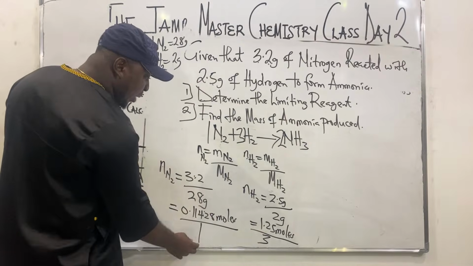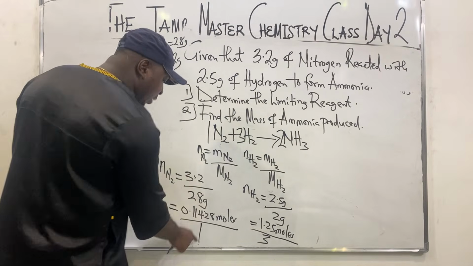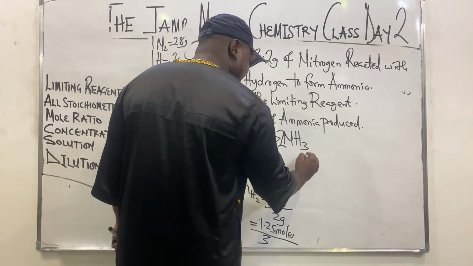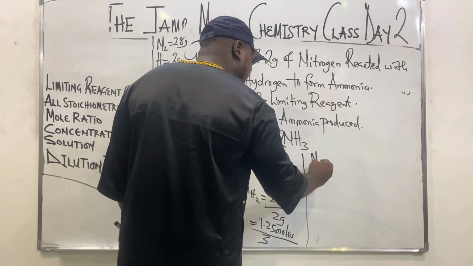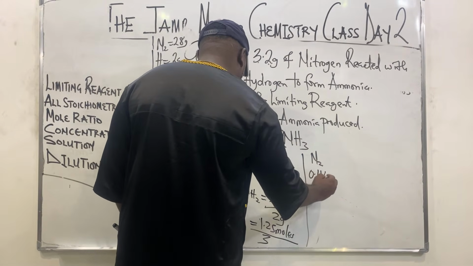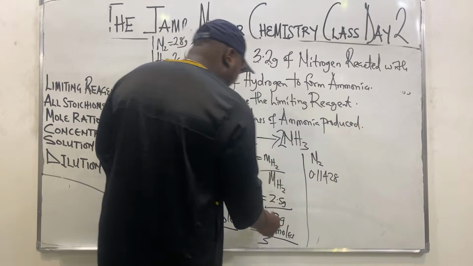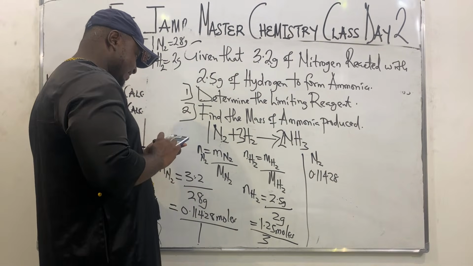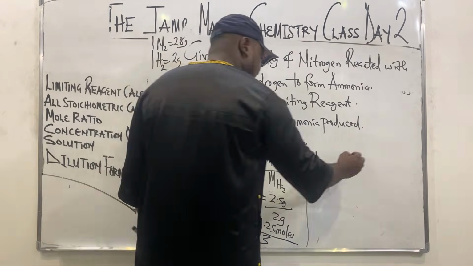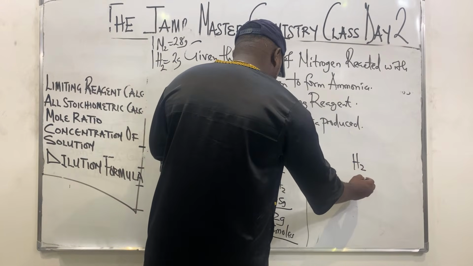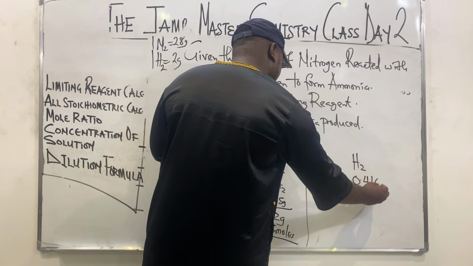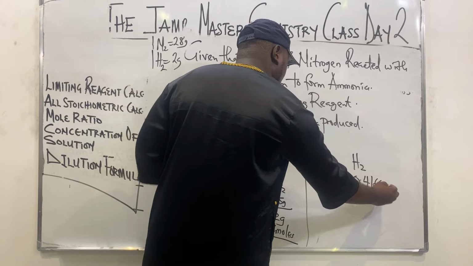So this guy divided by 1, this guy divided by 3. Nitrogen divided by 1 is still 0.11428. But 1.25 divided by 3, hydrogen is 0.4166 moles.